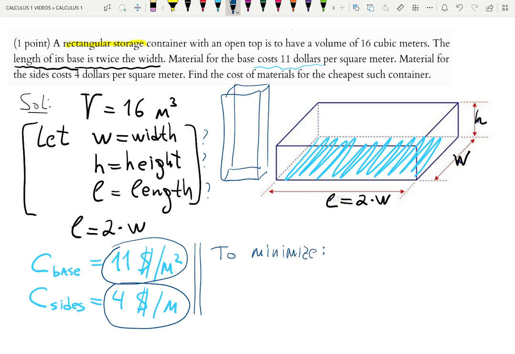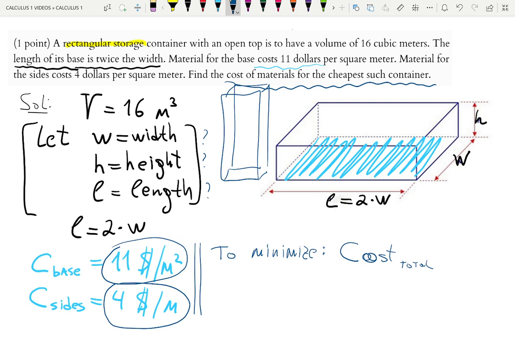Did you understand what we are minimizing? Cost function. But cost of what? We have different costs, so I don't really understand which exactly we are minimizing. Probably total, right? Total cost to build the box. So that's why they did not mention it exactly.